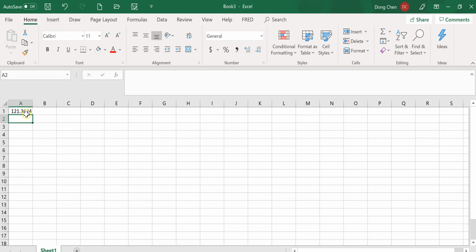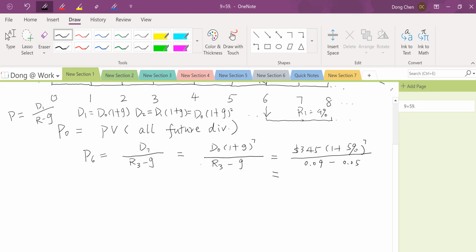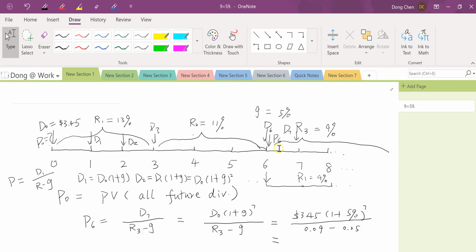So then just recall that this is P6. After I got this P6, I can just get rid of all this information. Now I only keep this P6, okay?